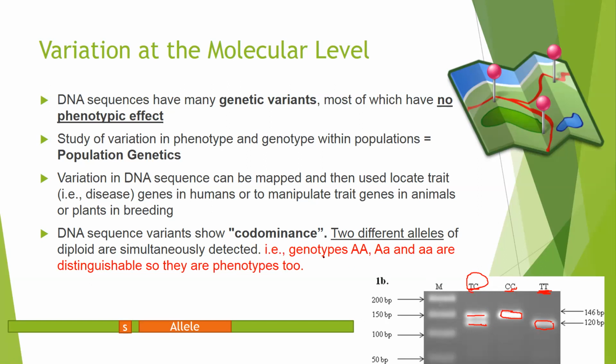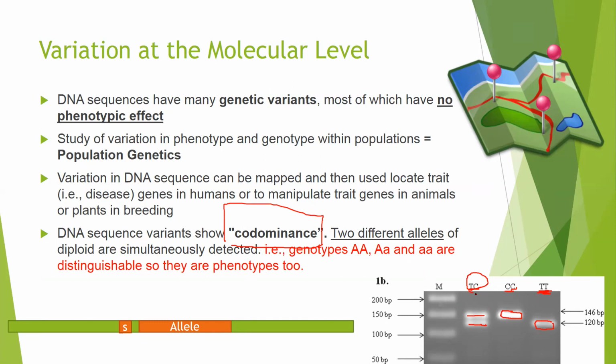So this DNA marker is actually called codominant. It's different from what we have learned before. When we talk about two alleles, one is dominant and the other is recessive, which means big R and small r give you an identical phenotype to big R, right?